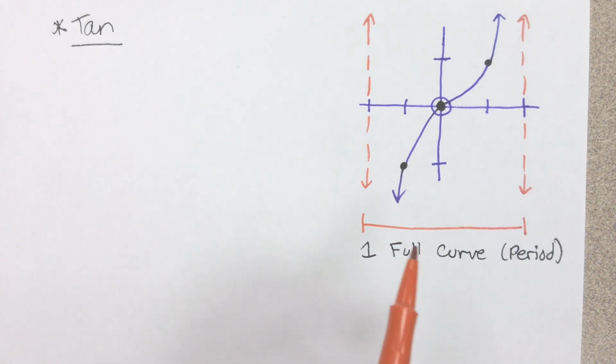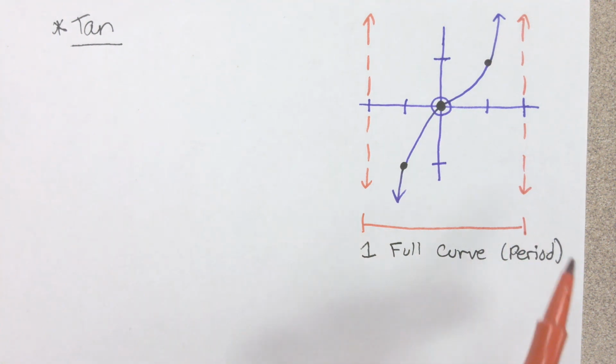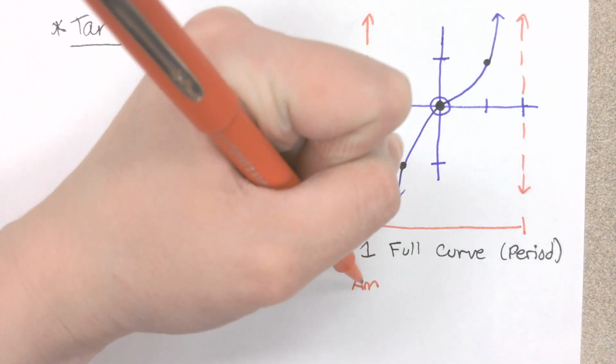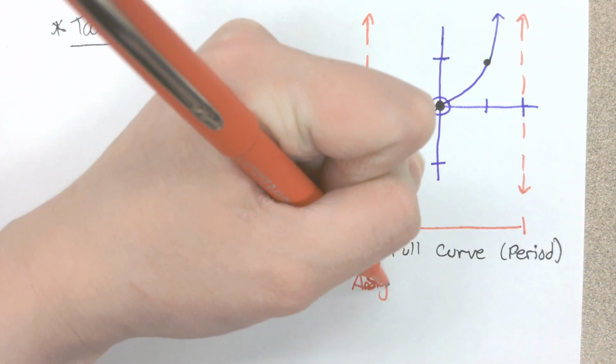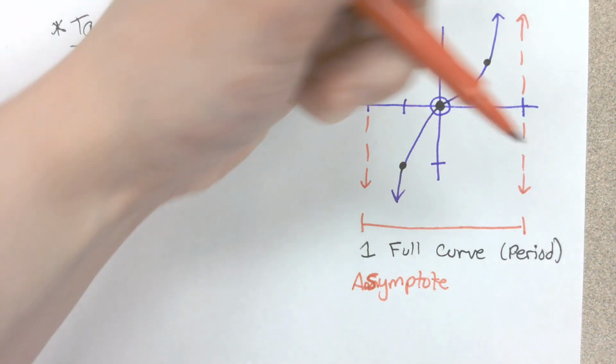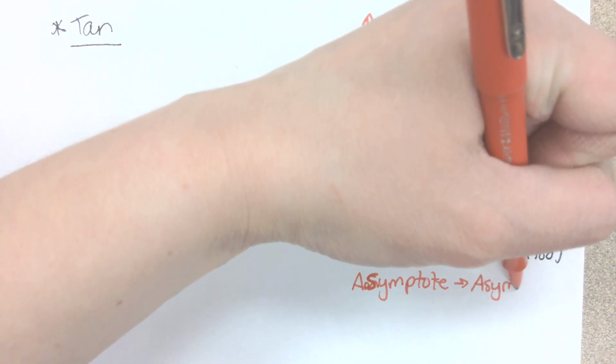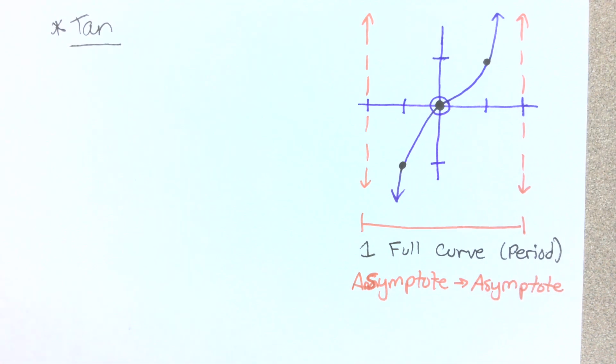And I'll say this again later, but the easiest way to identify the period of a tangent or a cotangent is it goes from asymptote to asymptote. Now that you've seen the curve, let's talk about a few important details here.